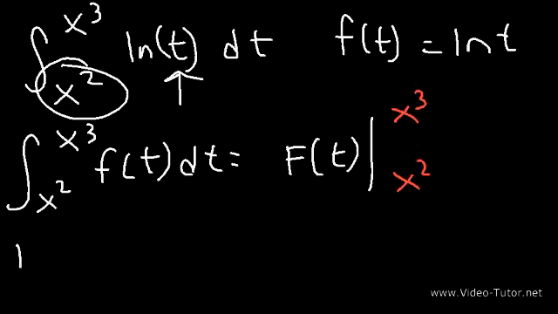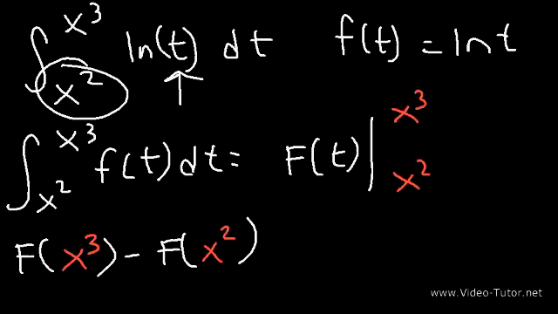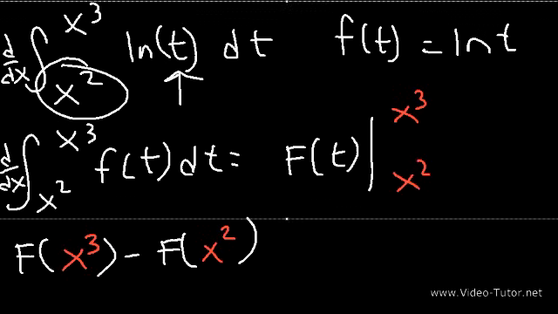So it's F of x cubed minus F of x squared. Oh, let's not forget the derivative. Very important. It's supposed to be there, I just forgot to write it.